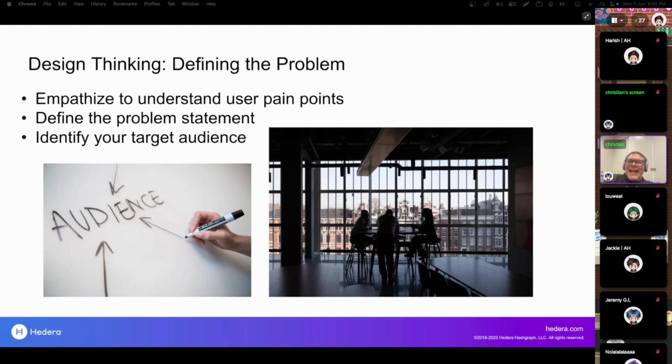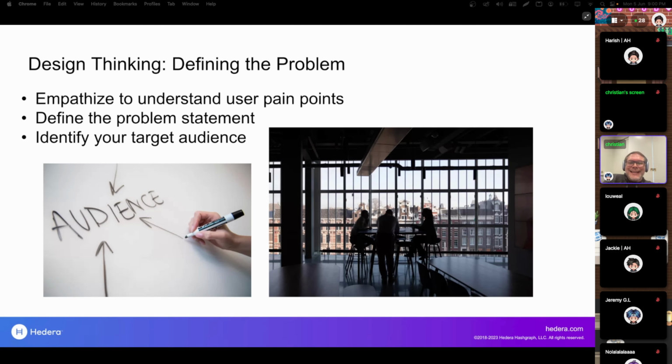Come up with a very succinct and crystal clear problem statement. You know, if you're trying to address too many problems or too many challenges with a single prototyped application, it's probably doomed to failure. You don't have a lot of time, and therefore you want to narrow the scope and really define that problem very clearly, and then set about solving that problem.